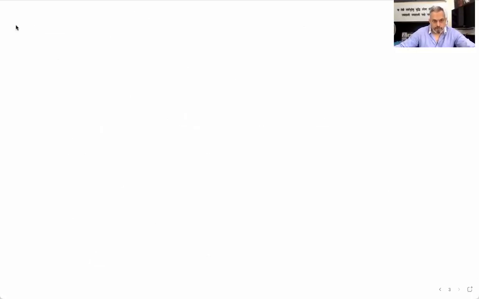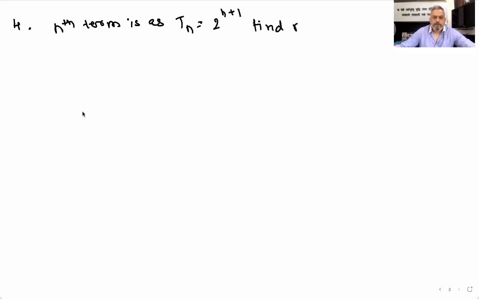Question number 4. If in a GP the nth term is given by Tn is equal to 2 raised to n plus 1, find R. So in order to find R, first let's find out T1.